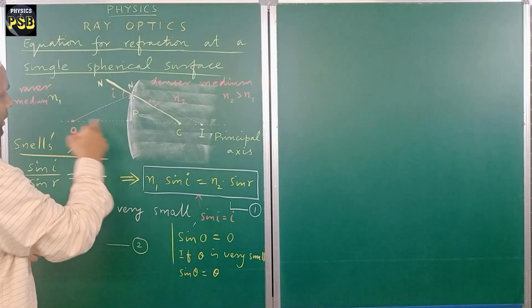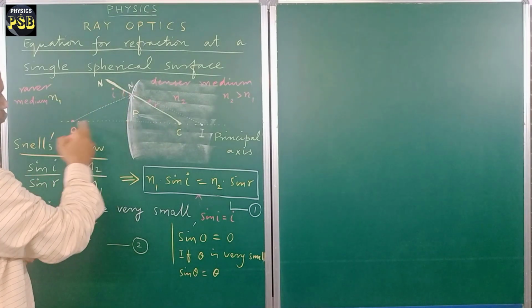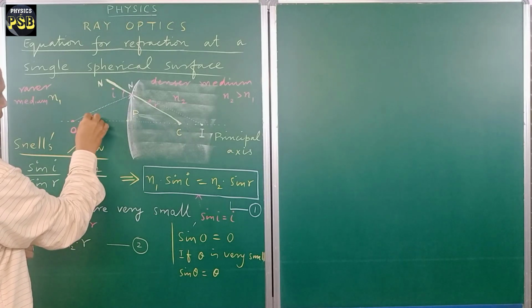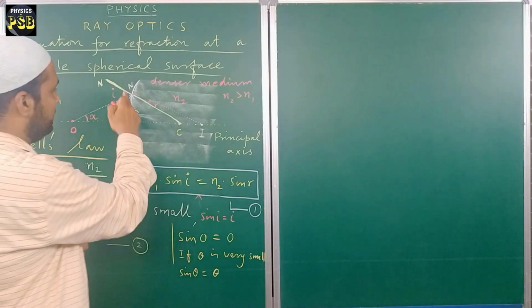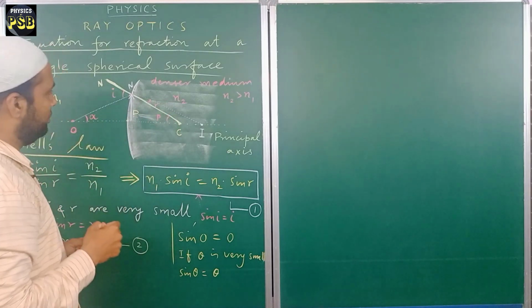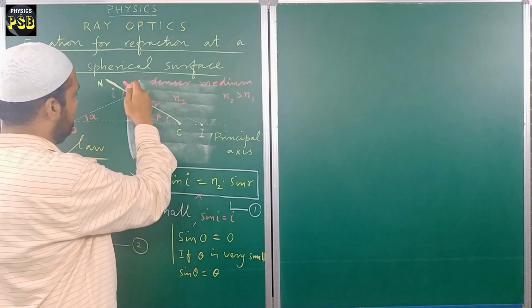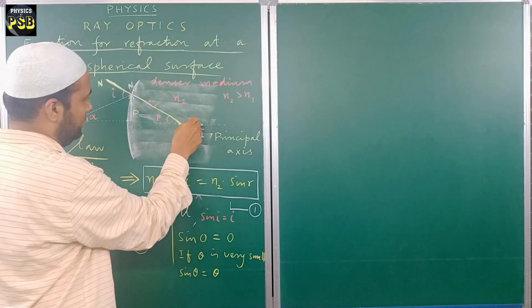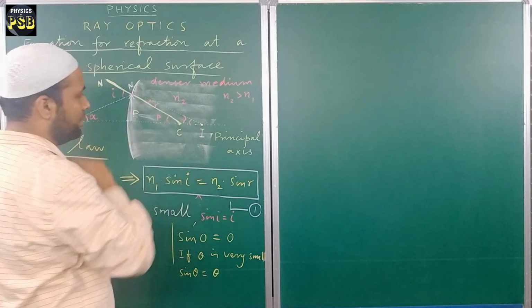This is how we obtained the value of i and r. Now I name this angle NOP as alpha, and the angle NCP is taken as beta. In a similar way, angle NIC is taken as gamma.